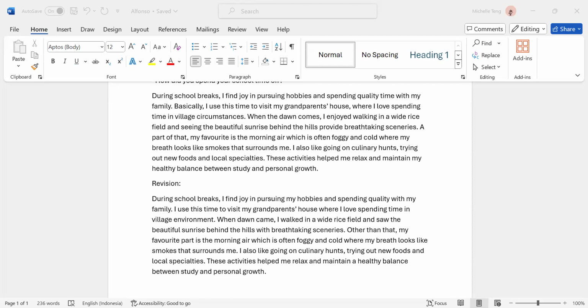Because in the first sentence, you're talking about how you spent more time with your family, and then you state the reason you went to Jakarta. So I made a revision: instead of "I want to go to Jakarta because the zoo," I said the reason I went to Jakarta was because I wanted to go to the zoo.